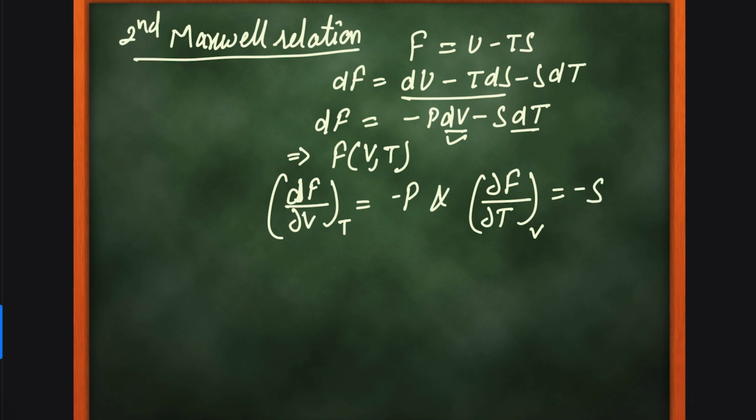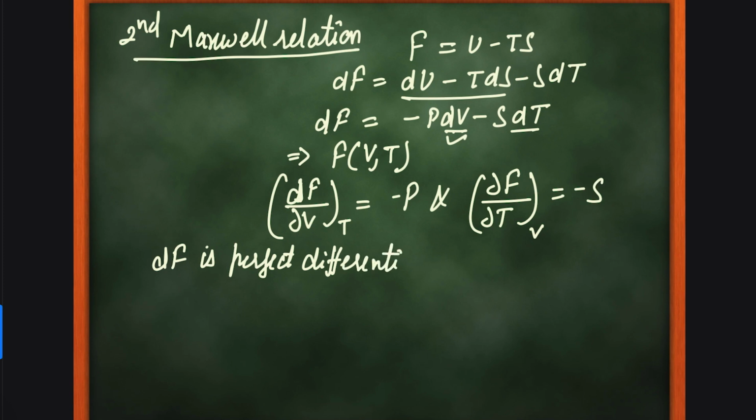Because if we take the partial derivative of F with respect to T, keeping volume constant, the change in volume dV will be 0, so PdV will be 0. So we are having del F del T is equal to minus S. And also dF is a perfect differential.